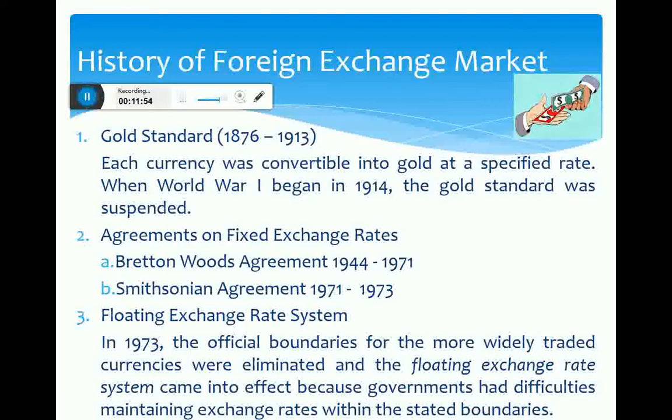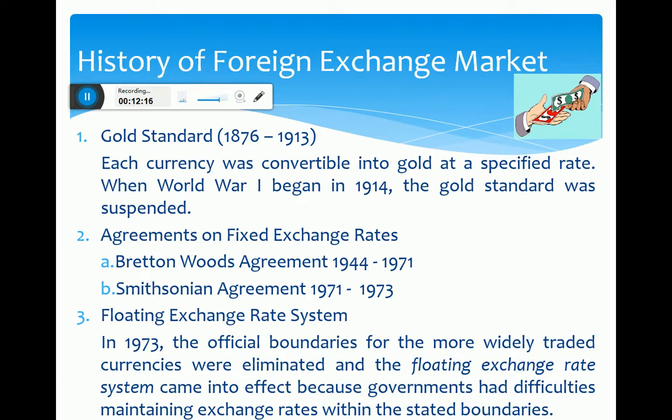So that's why they introduced a new system, which is called the floating exchange rate system. The official boundaries for more widely traded currencies were eliminated, and the floating exchange rate system came into effect because governments had difficulties maintaining exchange rates within the stated boundaries.